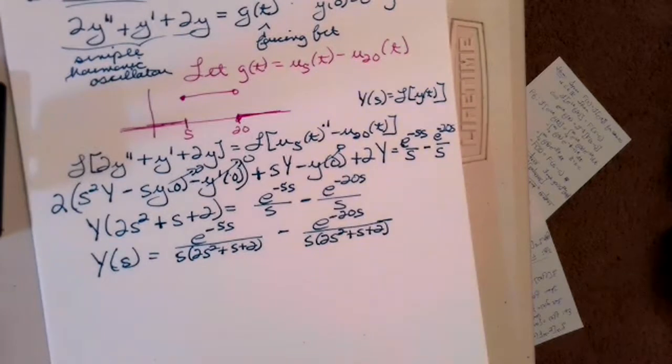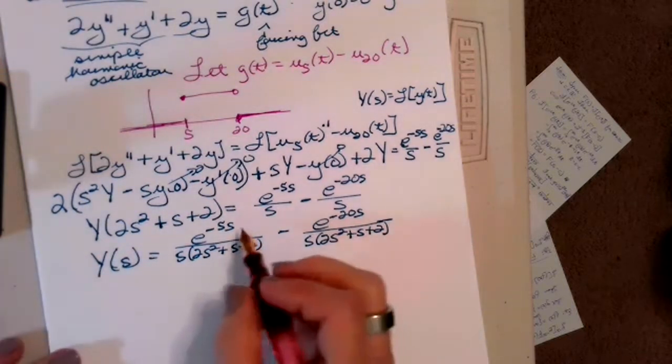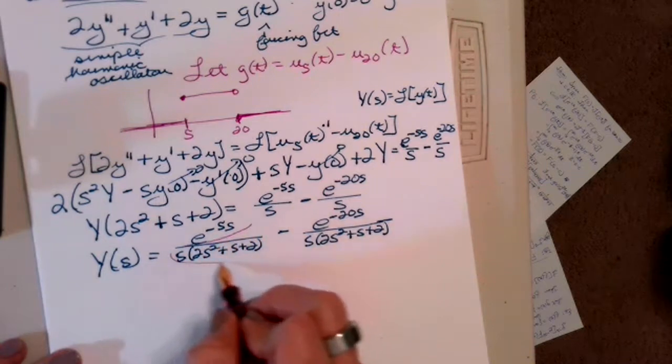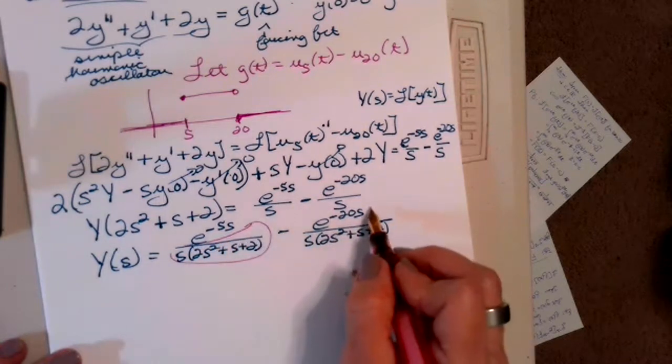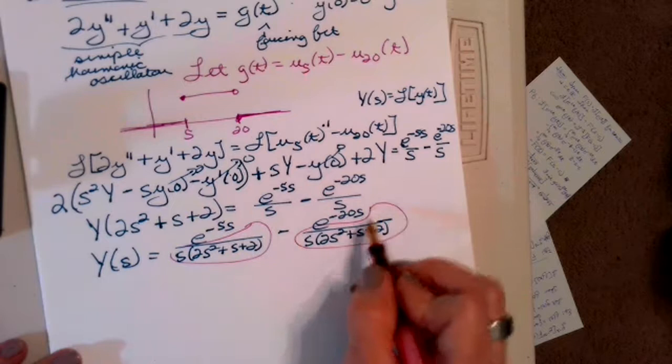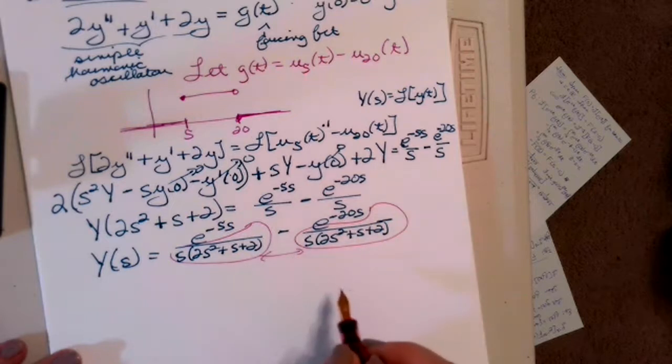Okay. So now notice that this thing is e to the minus 5s times this, and it's e to the minus 20s times this, and those two pieces are the same.